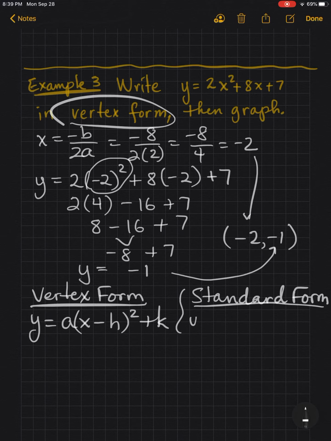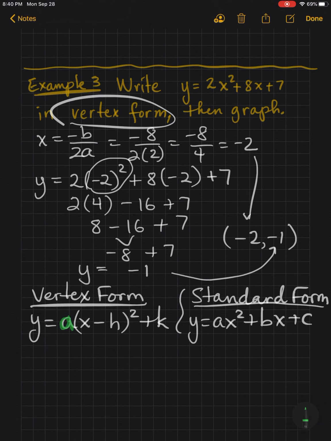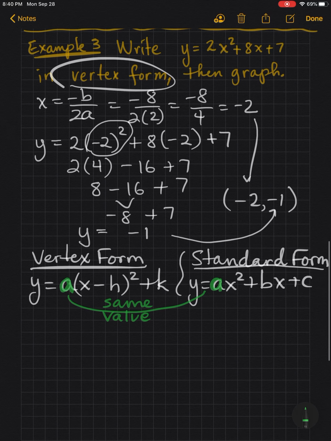And I'm just going to write it again because you can't see it too much. And notice that they both have an a. You got an a here, and that's the same value. Same value. Okay? And that's going to be super important. And don't forget the a.